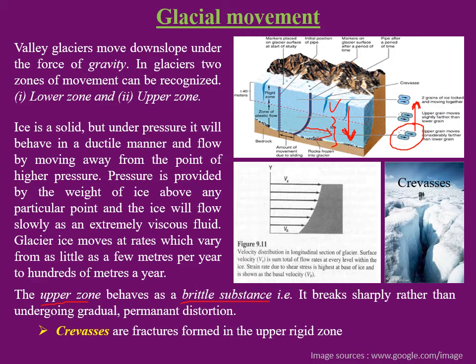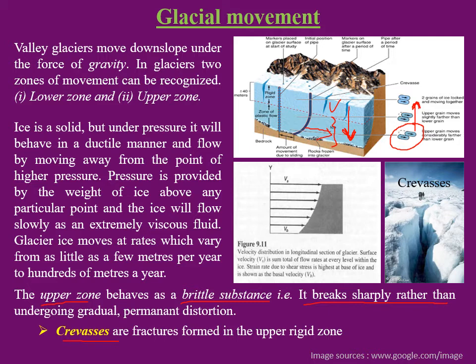As the ice mass cannot cope with this differential movement, in the upper zone some sharp vertical cracks or breaks appear, which are known as crevasses.